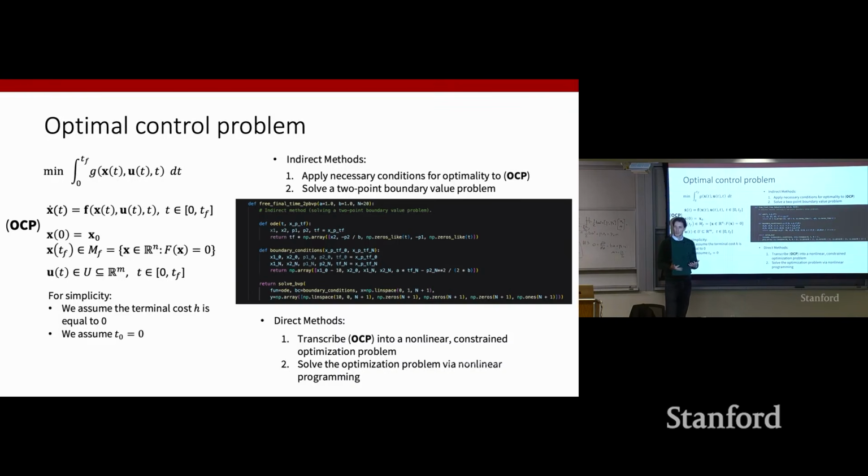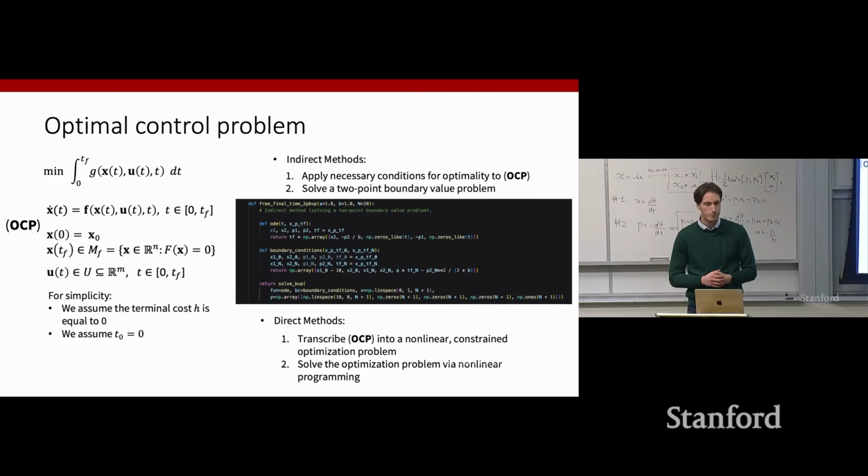And then we can just throw this optimization problem to nonlinear solvers and hope to get a solution out of it. And the reason why direct methods are increasingly used in robotics is because there have been a lot of improvements in the field of nonlinear optimization that are making the solution of this problem feasible also in real time.